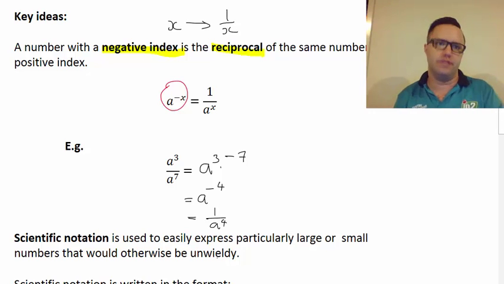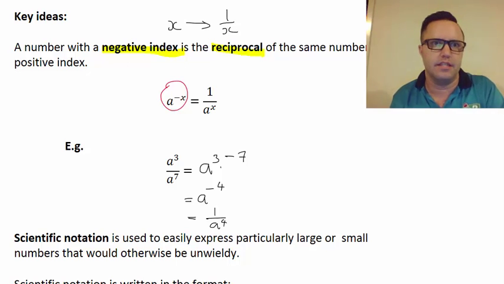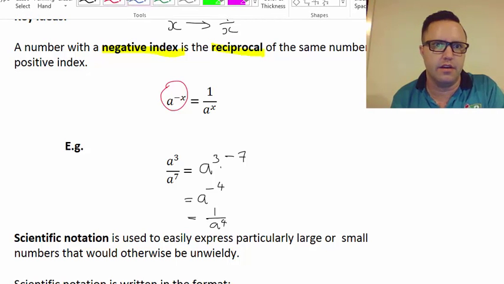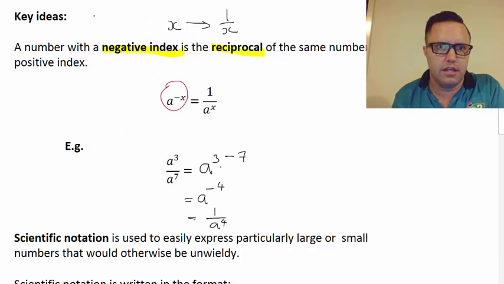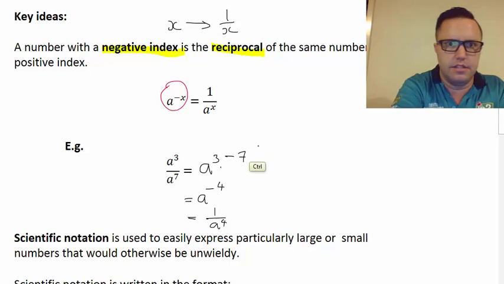Okay, and that's how we go about using our negative indices and things. I might get myself a bigger pen here. There we go, that's a little easier to see.